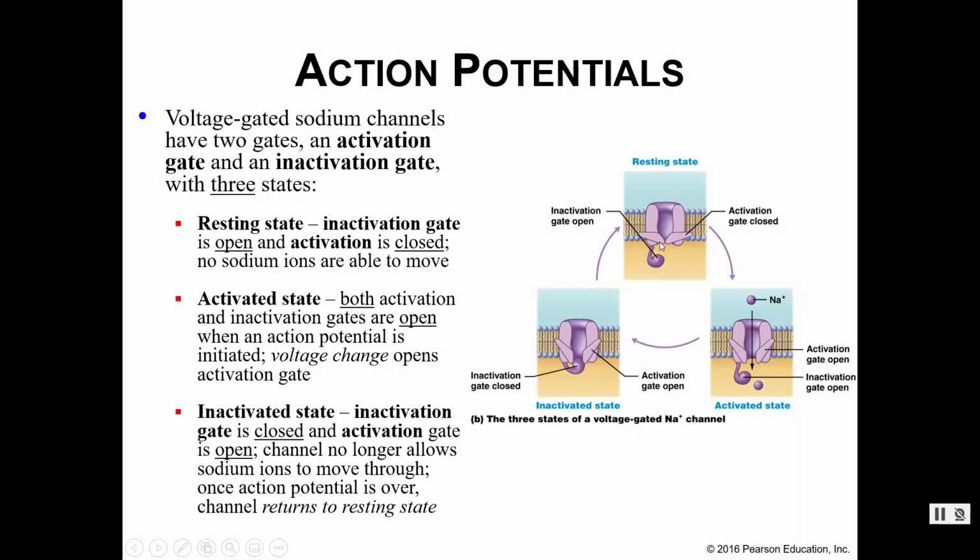Because we have two different gates, we have three different options. We could be at rest. At rest means that our inactivation gate is open, so our bathtub plug is out of the way, but our activation gate is closed, so our chicken wings are blocking the road. You will notice that there is no sodium moving through this channel.